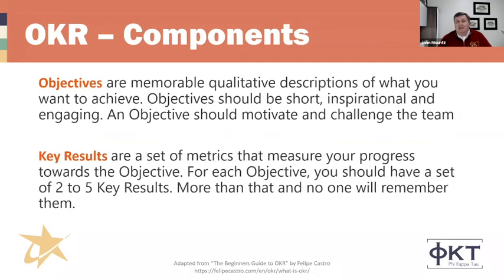There are really two key components to OKR: objectives. Objectives are essentially statements that say, here is what we want to achieve. They can be aspirational, they can be exciting. They should motivate your members in the chapter and your officers to achieve great things. They need to be short, they need to be brief, and they need to be very clear about what you want to achieve.